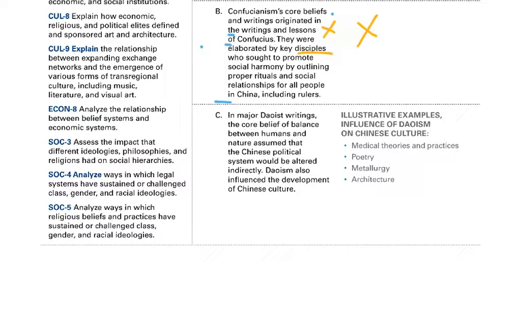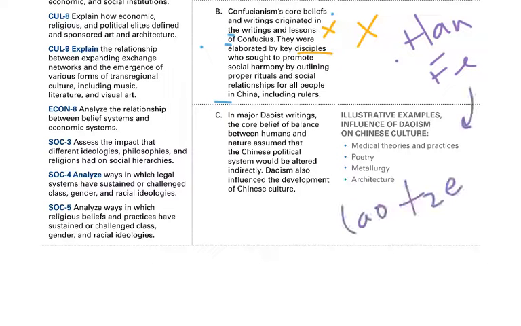So we have Confucius for Confucianism, we have Han Fei for legalism. You want to know Han Fei. And then you have Lao Tzu for Taoism, which can be spelled in multiple ways. This is the problem with transliteration, there are multiple spellings, but it's Lao Tzu.